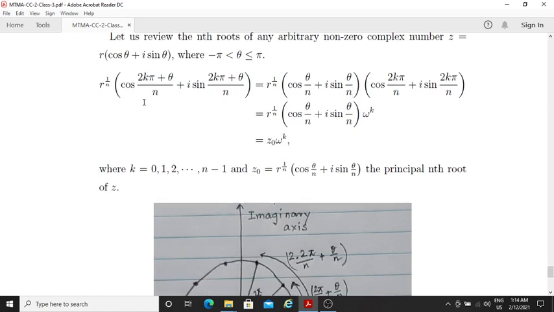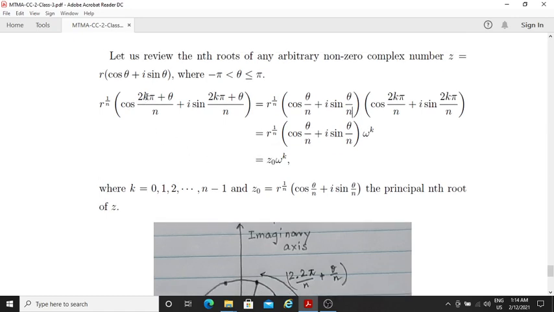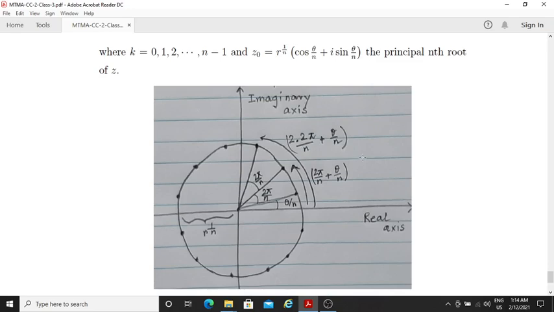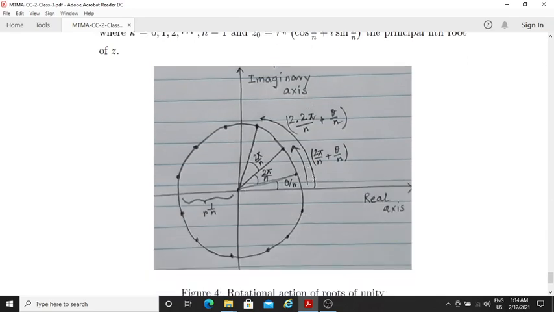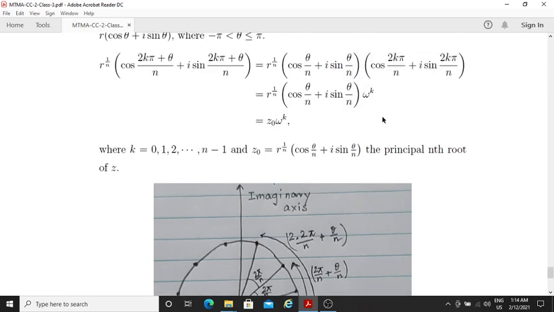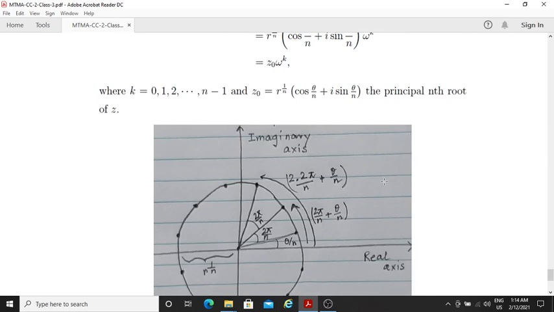For k equals 0, it will be only z0, since ω to the power 0 is 1. So basically what is happening is that it is starting with the principal root of z, and then the multiplication by the other roots of unity is giving a rotational action to that root.